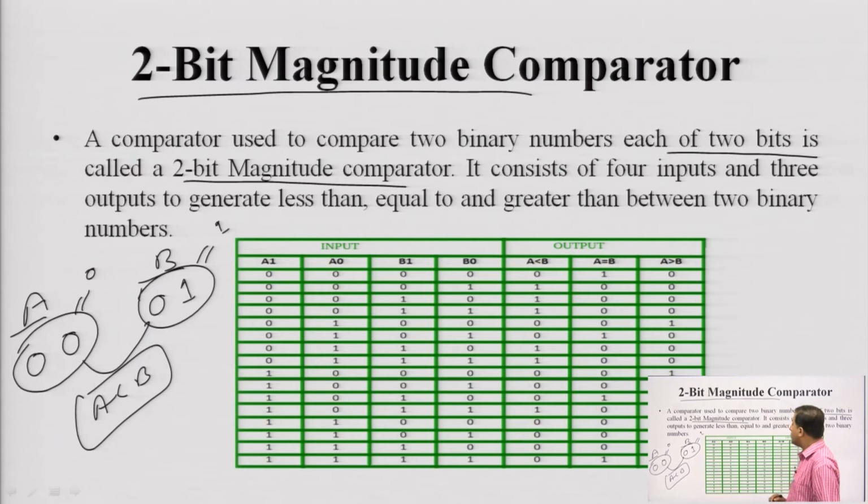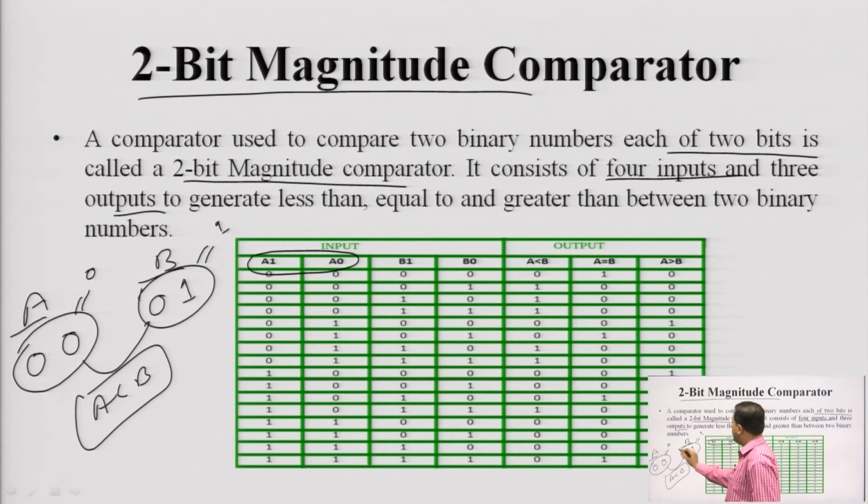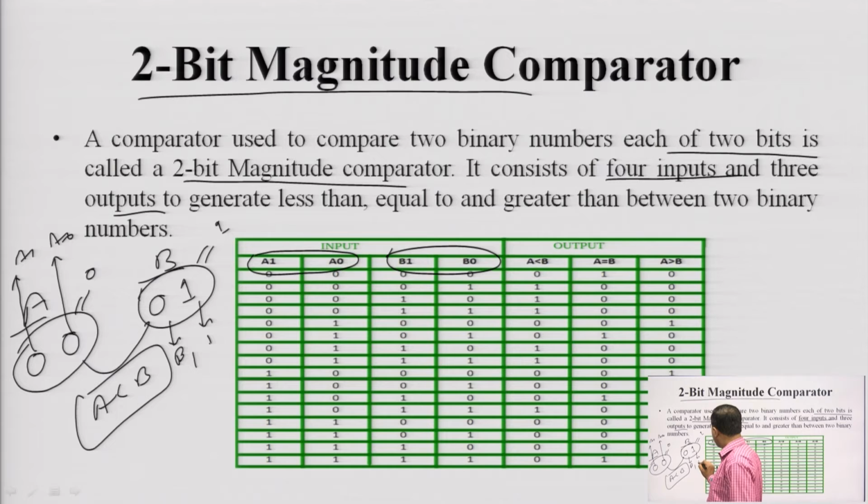So, let us check the definition of the 2 bit magnitude comparator. A comparator used to compare 2 binary numbers, each of 2 bits, is called a 2 bit magnitude comparator. It consists of 4 inputs and 3 outputs. 4 inputs means A1 A0, this is for A, and this is B1 B0, when B is represented as B1 and B0.